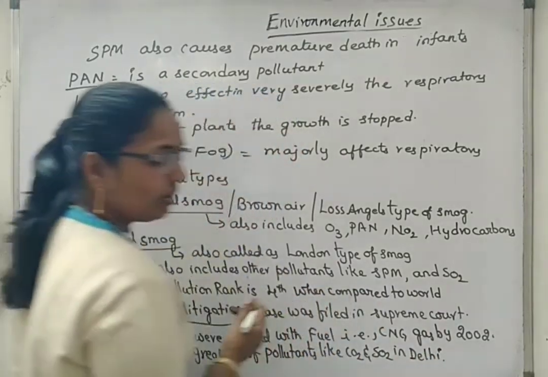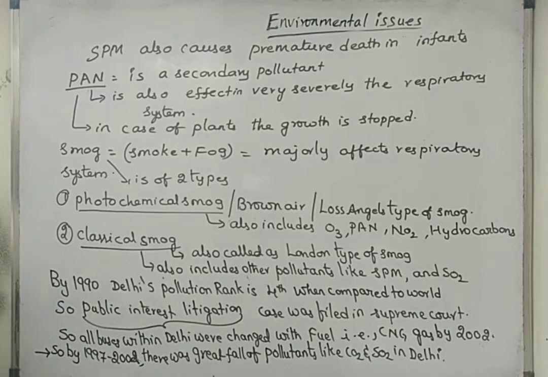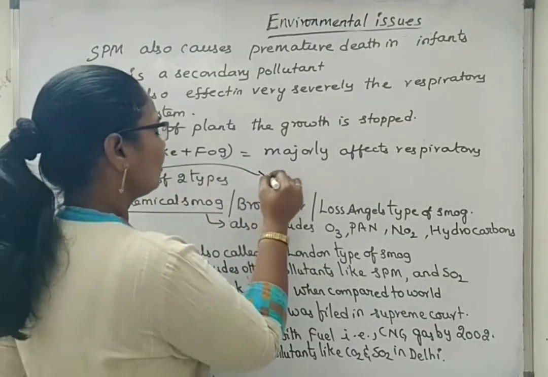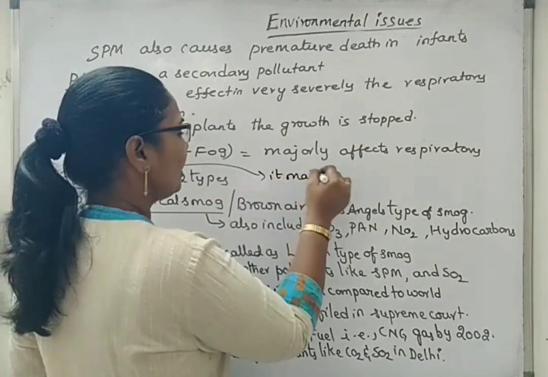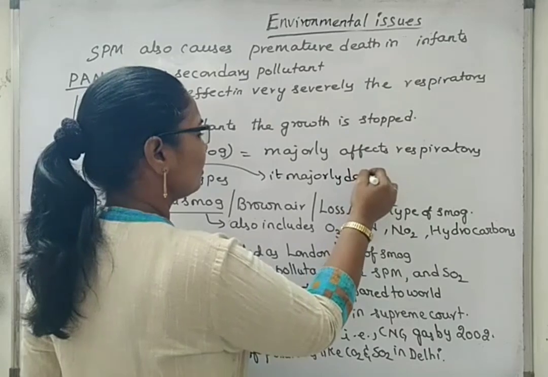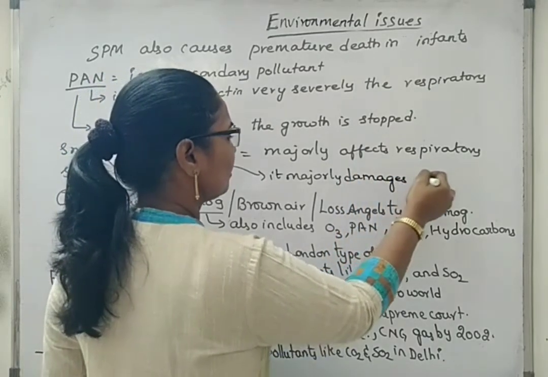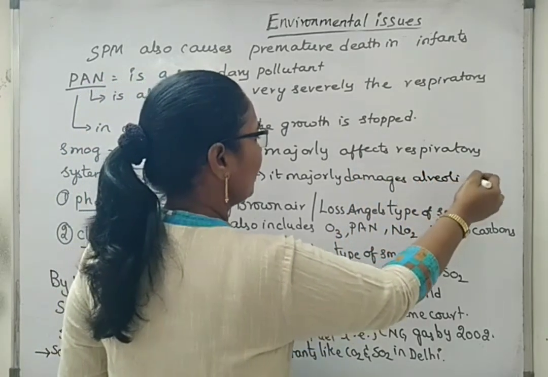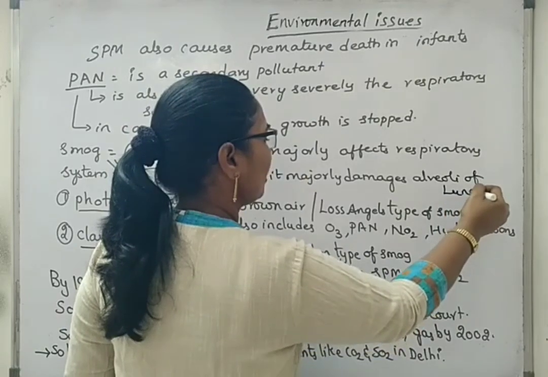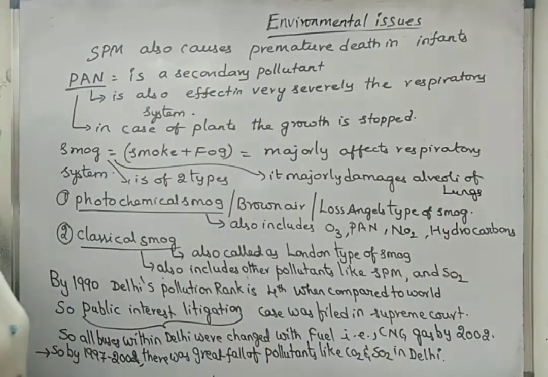Means mostly the pollution came down. So this smog majorly causes damage to alveoli. It majorly damages alveoli of lungs. Alveoli are air sacs within lungs.